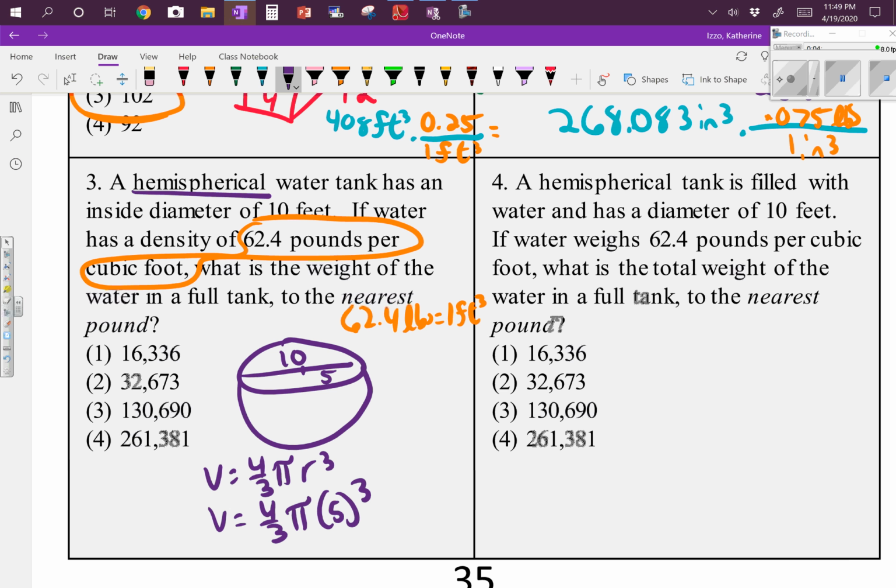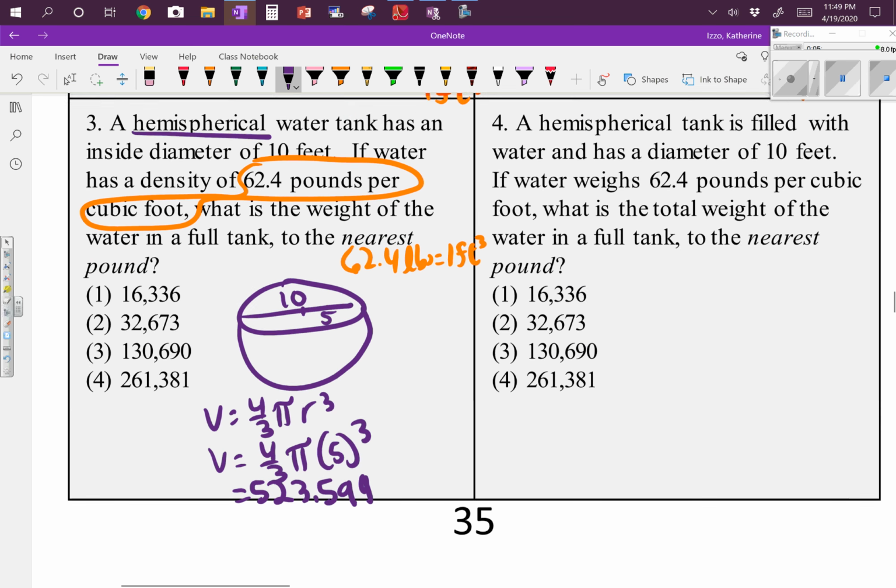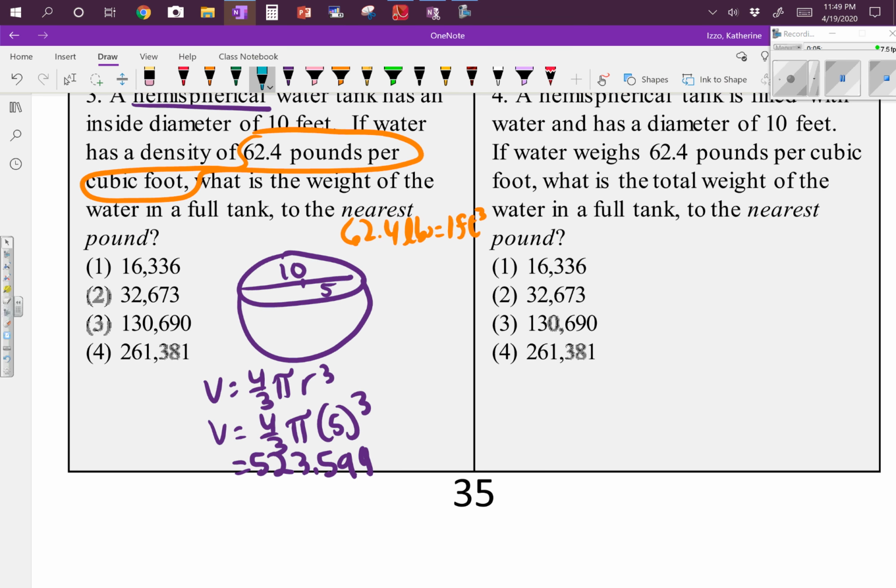So we type that right into our calculator, and we should get something like 523.599, which would be great if that were the answer. That is, of course, not the answer, partly because that is not one of the multiple choices, and also because that is in feet cubed.